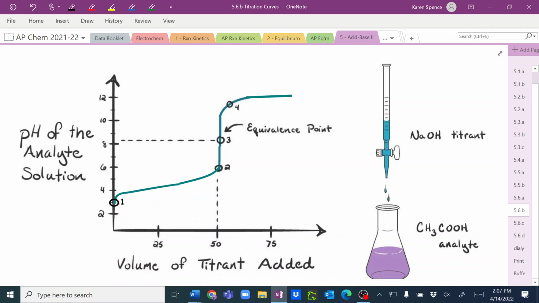Pardon me? The equivalence point is not at 7. The pH at the equivalence point is greater than 7.